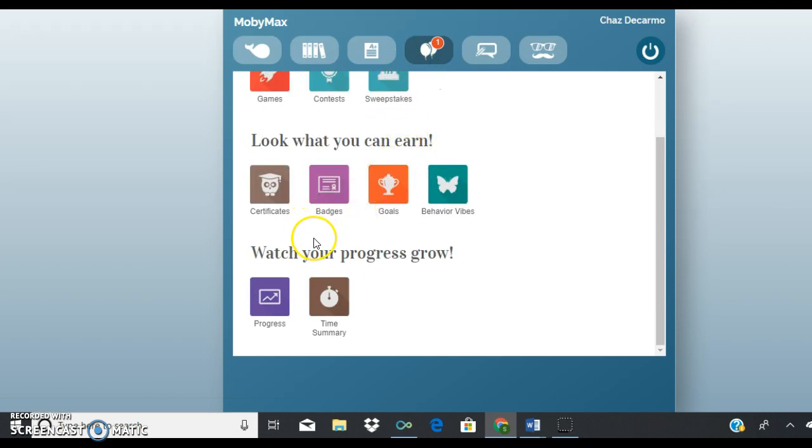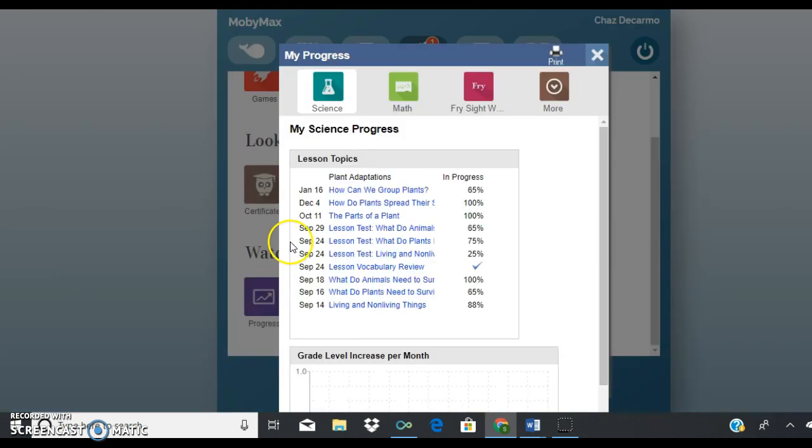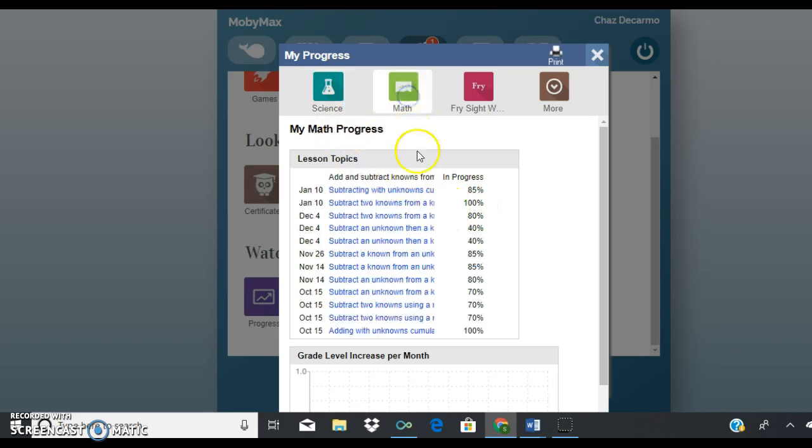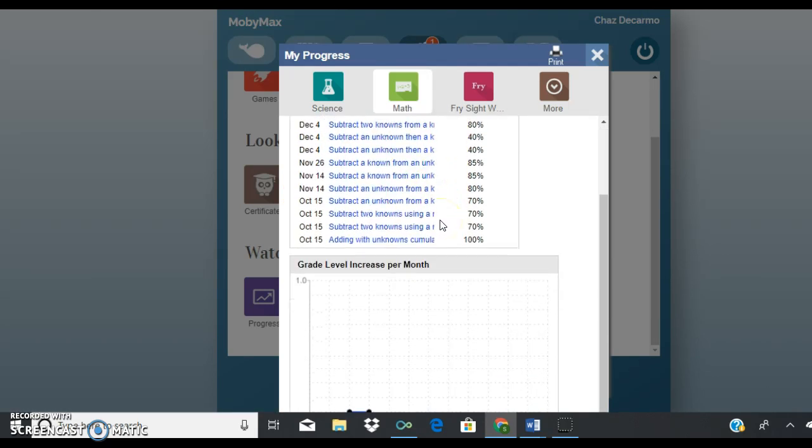Here they can also watch their progress. So it shows for science, his progress in science, the date and what he worked on and his score, how much he scored. So in math, it can show his math too, the date, the last time he worked in math and what topic he worked on and how much he scored.